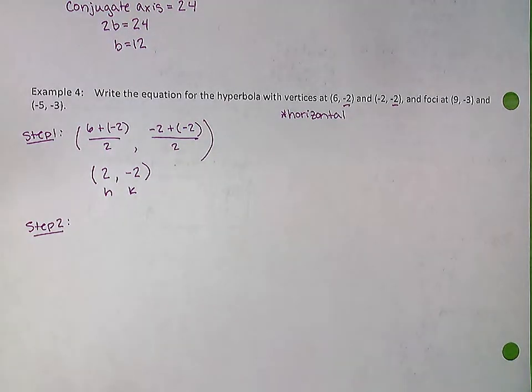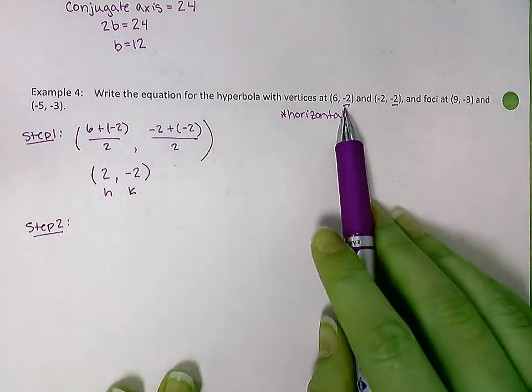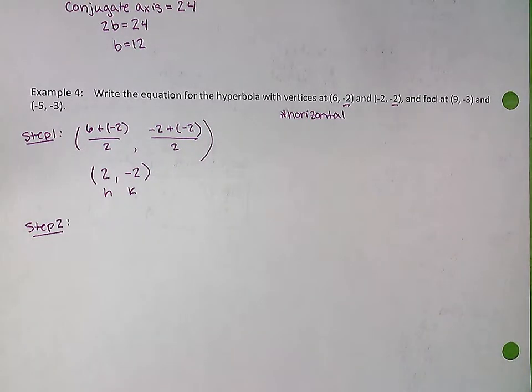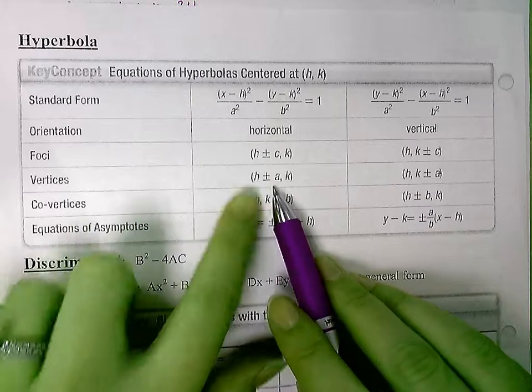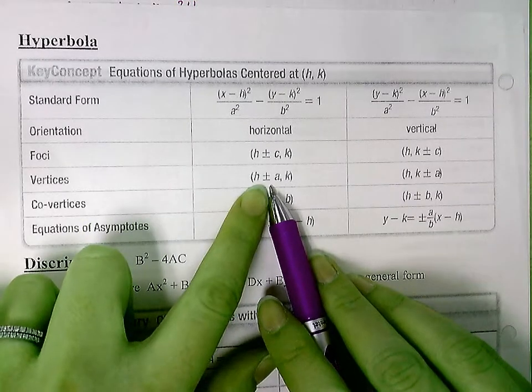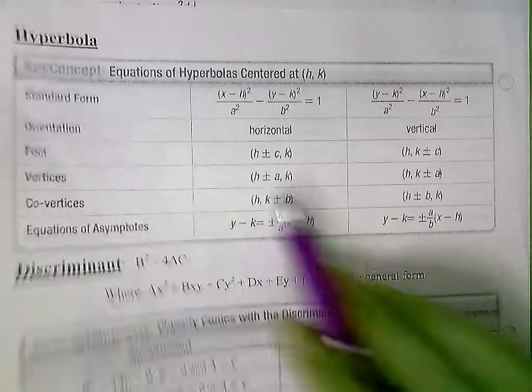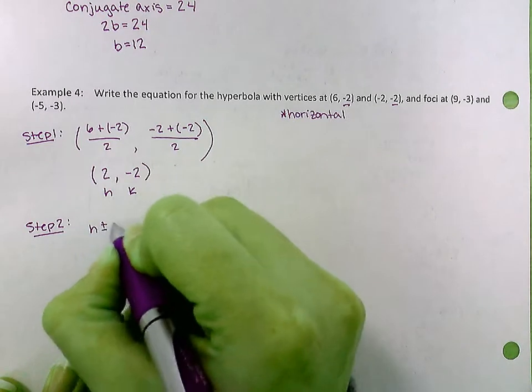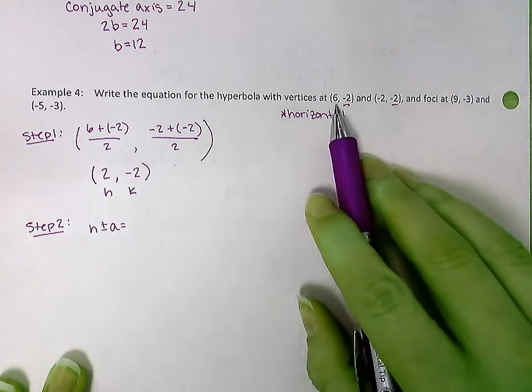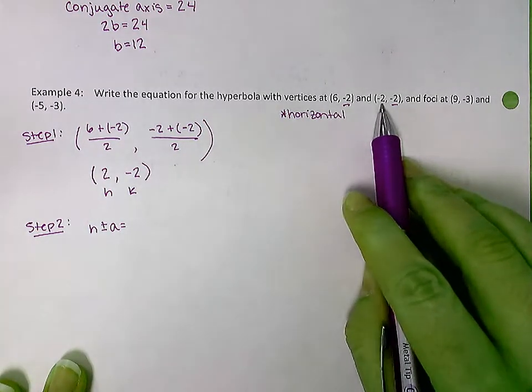Okay, step 2 is to find a. So to find a, we're using our vertices. Since it is horizontal, I'm using this piece to find a. So we have h plus or minus a will equal the x value. And you can pick 6 or negative 2.